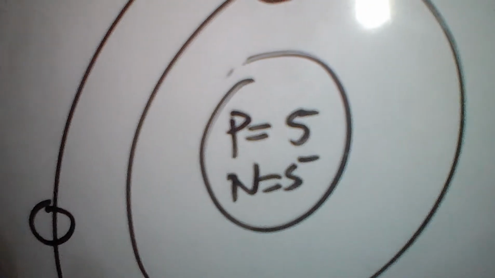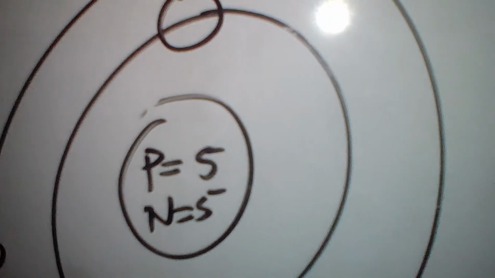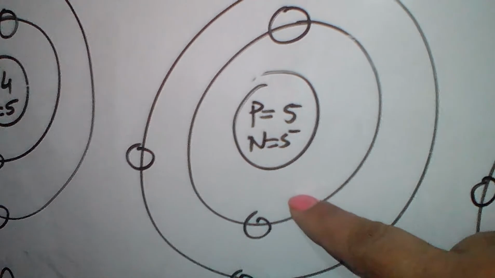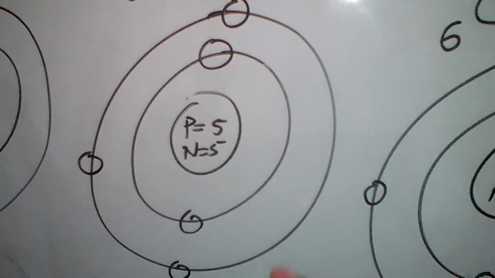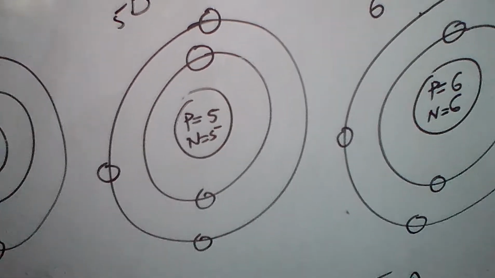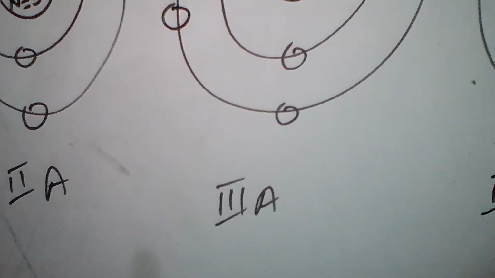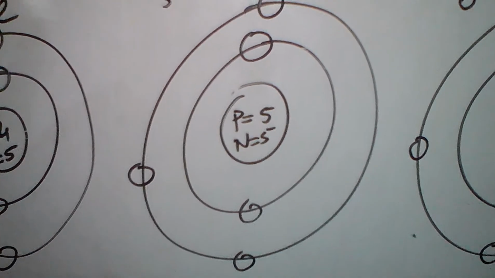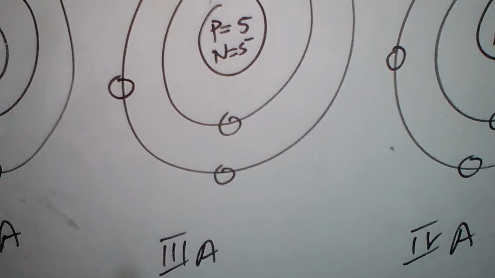The number of protons is always equal to the number of electrons, so we'll have to adjust 5 electrons. 2 electrons are present in the first shell and the remaining 3 are in the second shell. So, boron in the third A group has 3 valence electrons in its outermost shell.